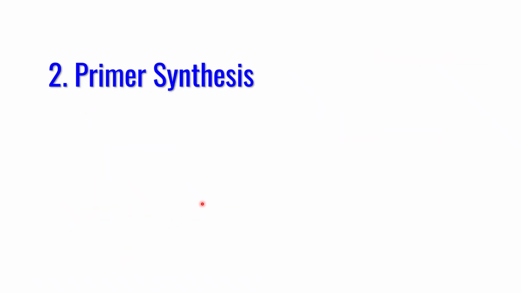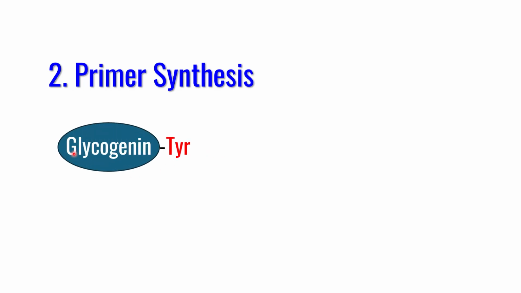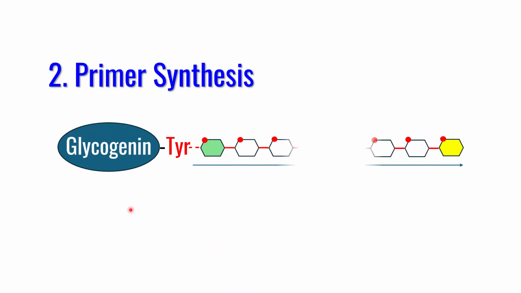Let us discuss primer synthesis. Once UDP glucose is available, primer synthesis begins on the tyrosine residue of a protein known as glycogenin. This is a protein which has enzymatic activity, and it starts adding glucose units one by one by forming alpha-1,4 glycosidic bonds.